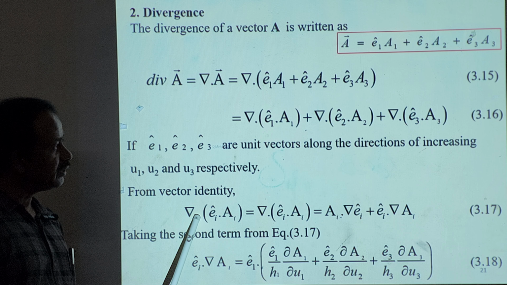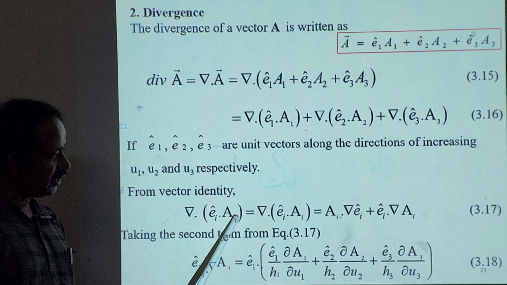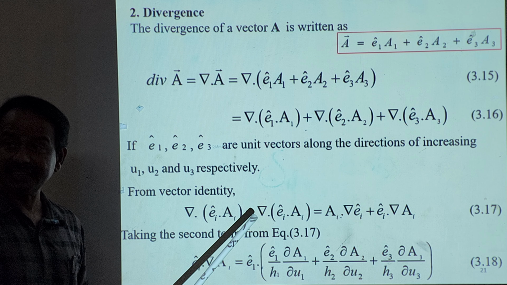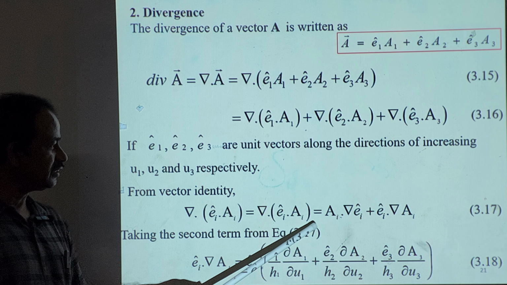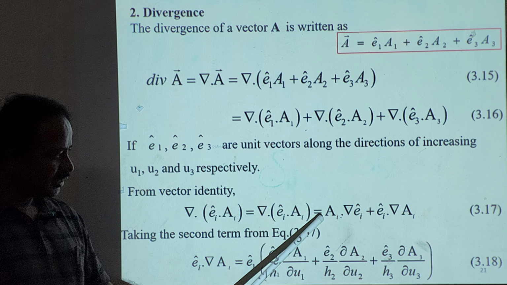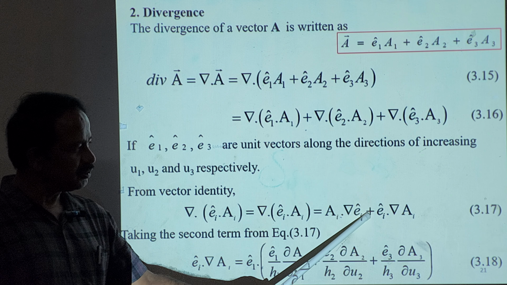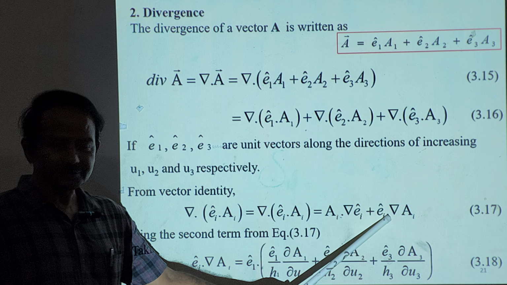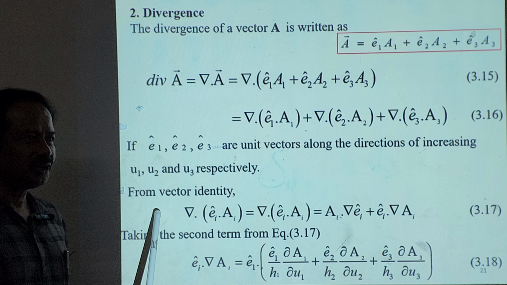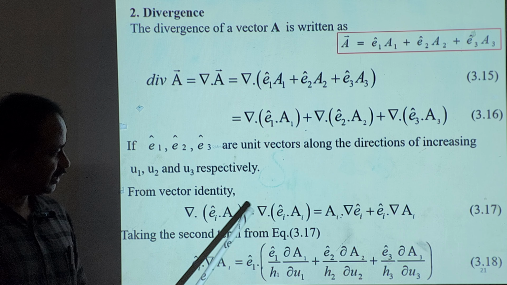So del dot EI AI, this is your vector identity, which can be written as AI del dot EI cap plus EI cap dot del AI. We have used a vector identity.